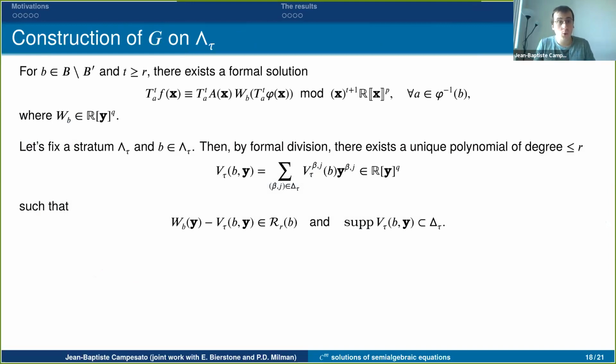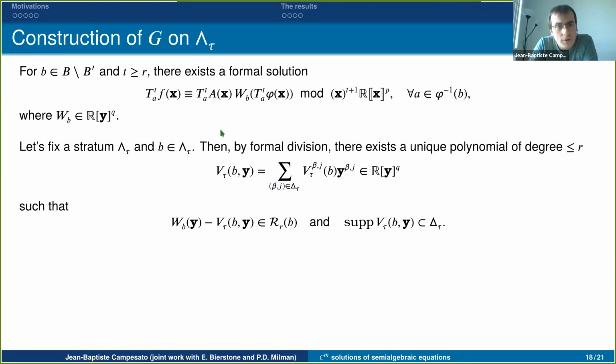Okay, so now we have all the tools necessary to construct the expected Whitney field G. Let me recall the situation.